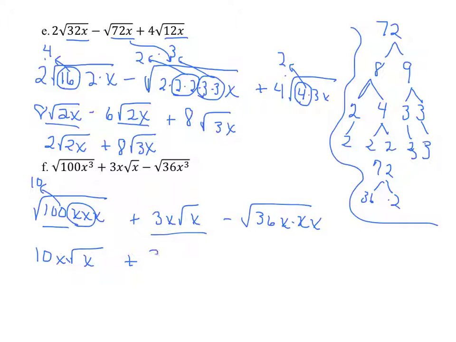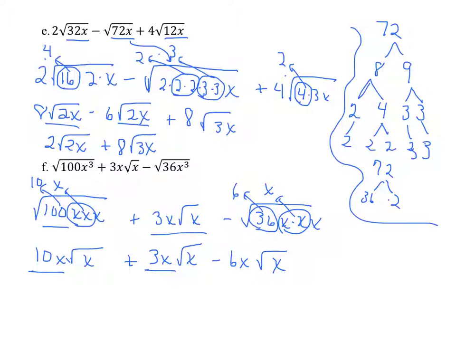This guy, I can't do anything with him. 36 comes out as a 6, and we have a pair of x's that comes out as a single x, and I get x inside. Perfect. So now these are all alike, aren't they? Good? So 10x plus 3x plus 6x minus 6x will give me 7x square root of x.